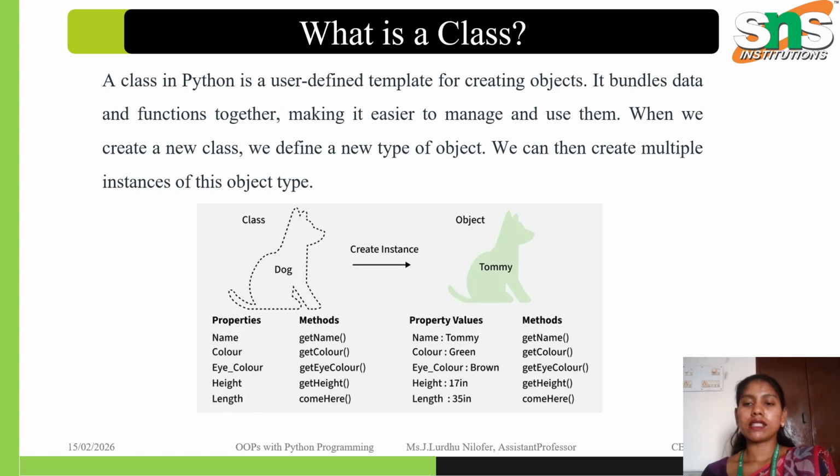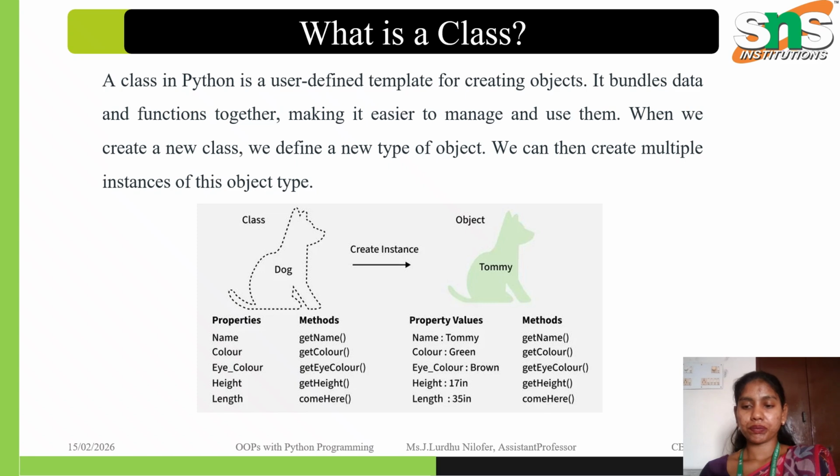When we create a new class, we define a new type of object. We can then create multiple instances of that object type. For example, we can create more than two objects within one class.